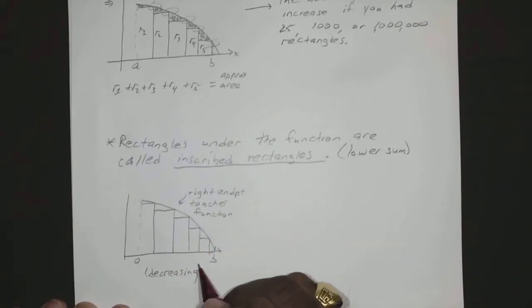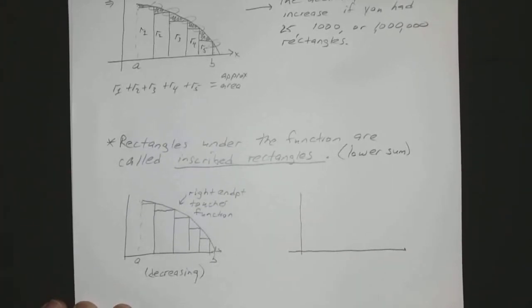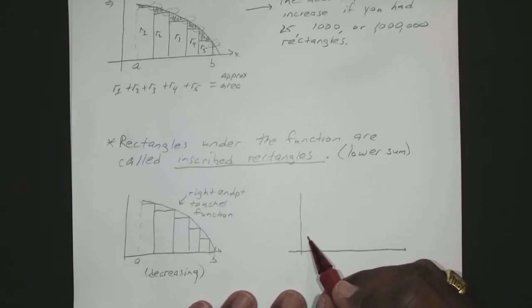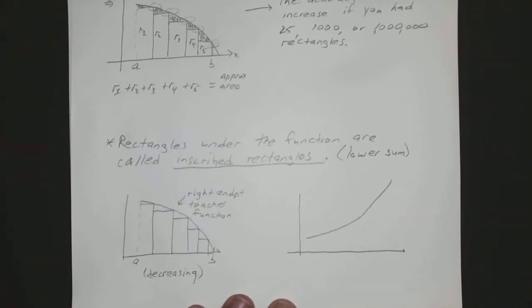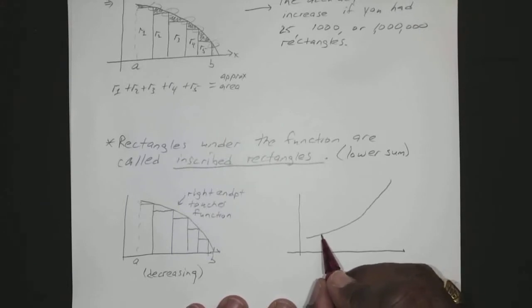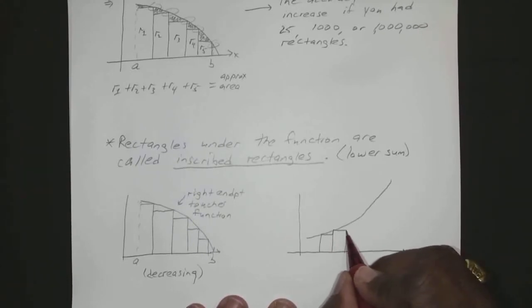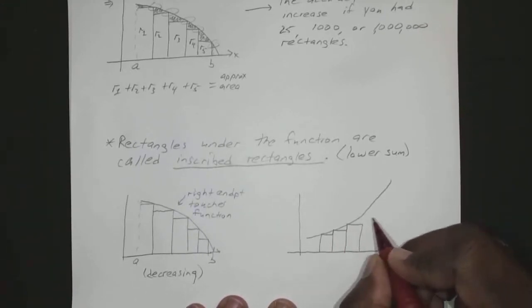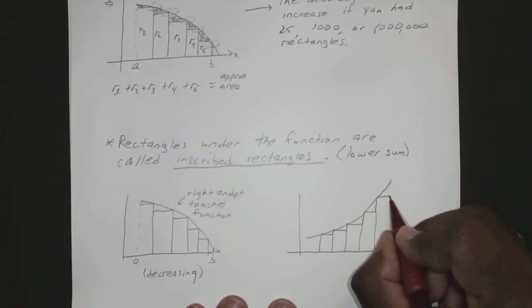Now, if we had, let's say, instead of decreasing, a graph that was increasing. So some increasing graph. Okay. So if you wanted to keep all your rectangles underneath it, you'll notice that the left endpoint would have to touch the graph.